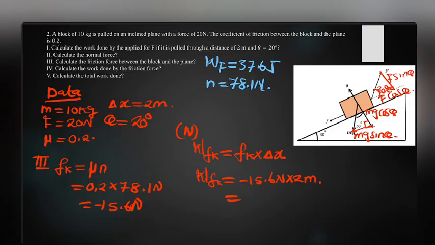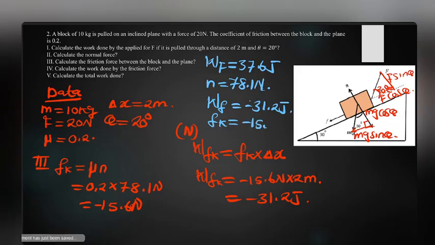We multiply this by 2, getting negative 31.2 joules. So that becomes the work done by the friction force, negative 31.2 joules, and the friction force is negative 15.6 newtons.